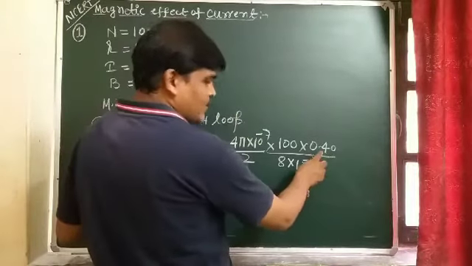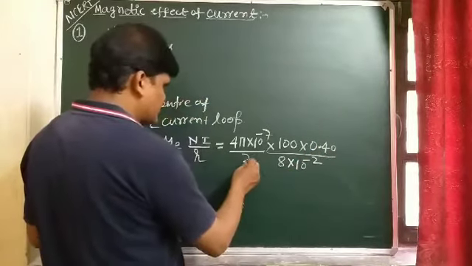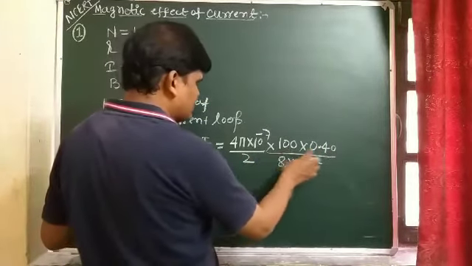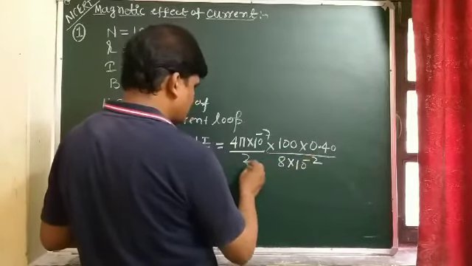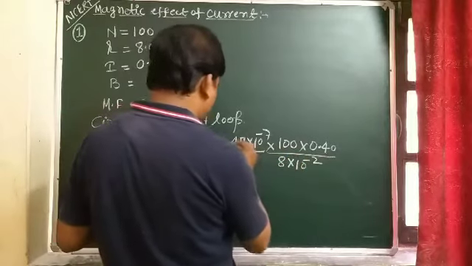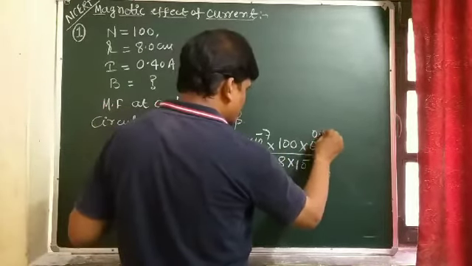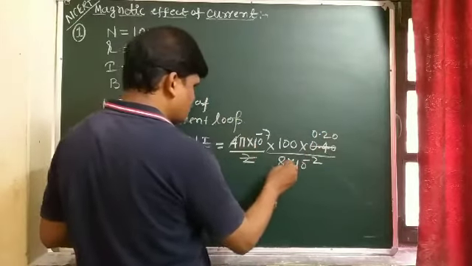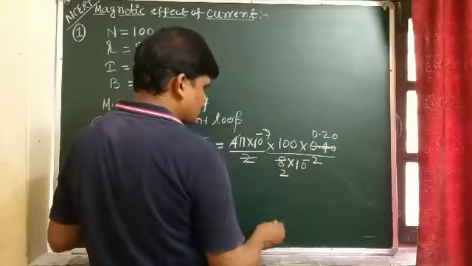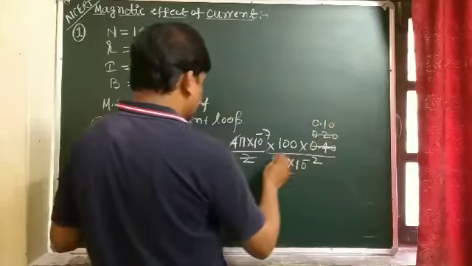The decimal cancels out to 0.20, and 4 and 8 cancel out, giving 0.10.